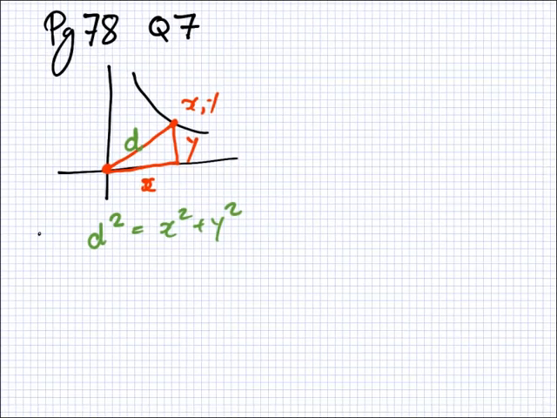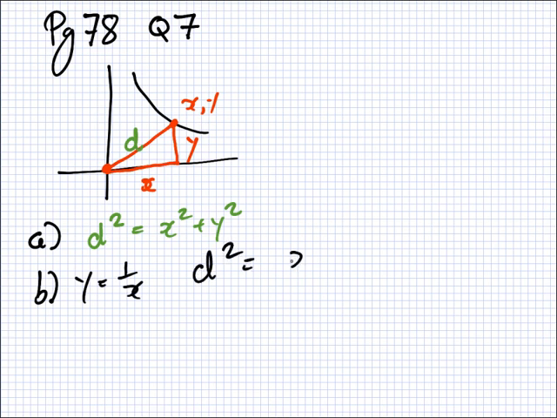That's the first one. B. What's the formula if y equals 1 over x? So that means distance squared equals x squared plus 1 over x squared. C. Find the minimum. So we need the derivative. First I'll just change this into x squared plus x to the minus 2.